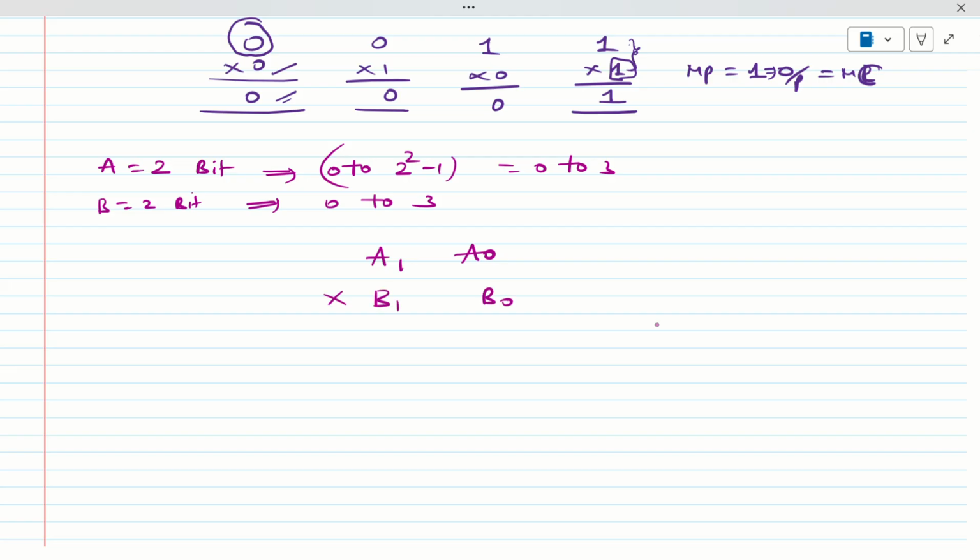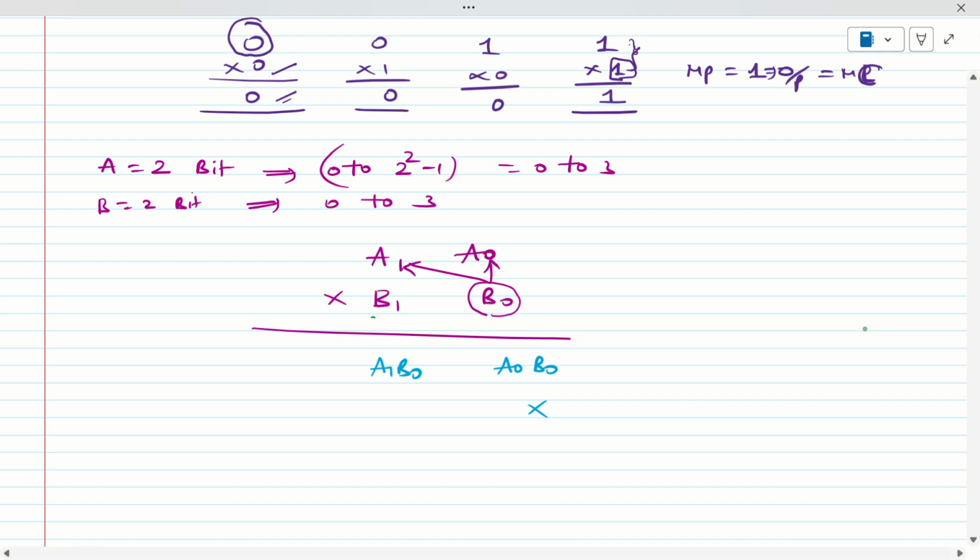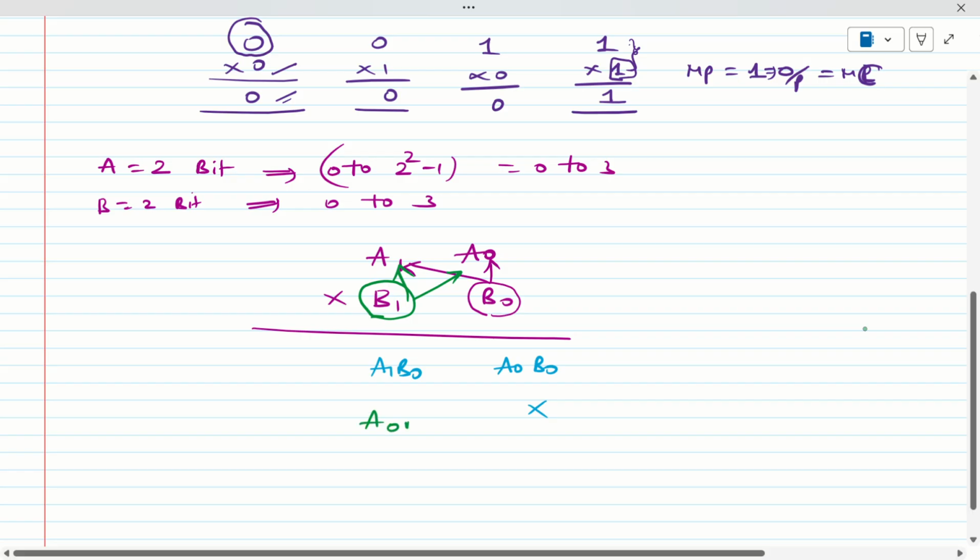So how to multiply this one? First of all, the multiplier's last digit, the least significant, is multiplied with all digits of the multiplicand. The first one is a0 into b0, next is a1 into b0. Then we come to the second digit of the multiplier, b1, with a0 and a1 with b1.